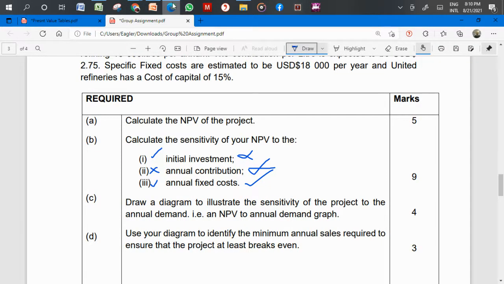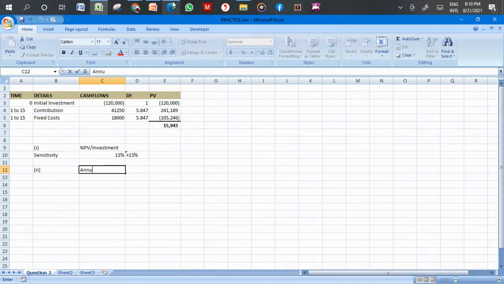And then the second is annual contribution. The formula will not change. We are just going to say NPV divided by present value of total annual contribution, which is equal to this one divided by our present value, this one.